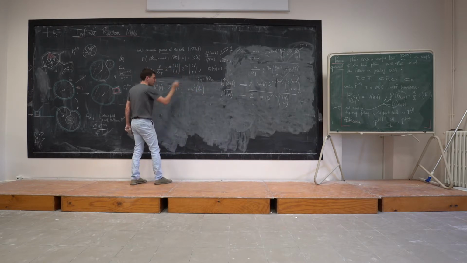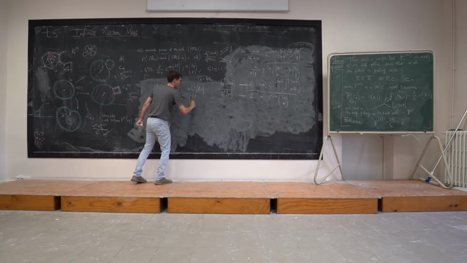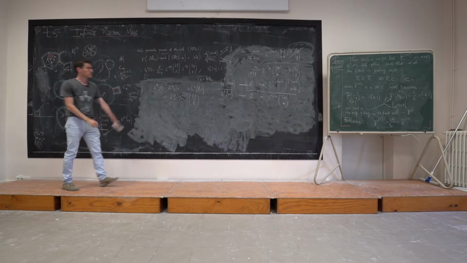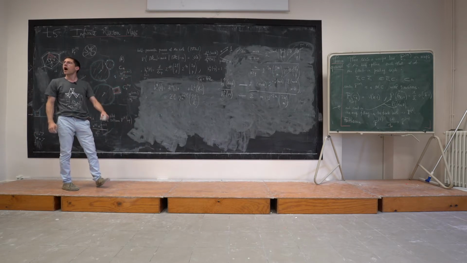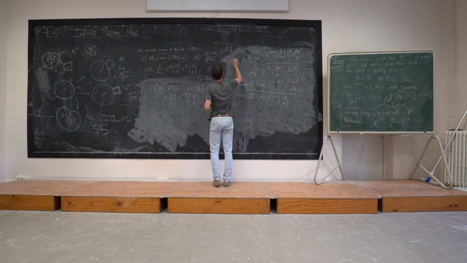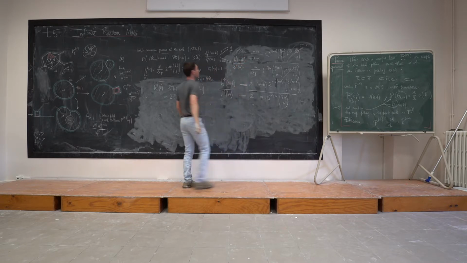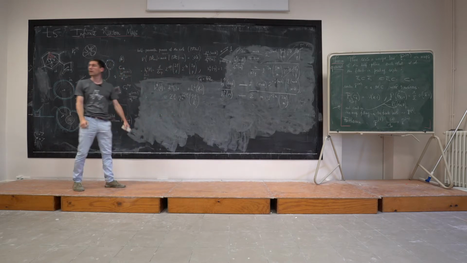And you can check, an easy calculation, that this is 2 to the minus 2L, 2L choose L. Exactly this. So if I let p go to infinity, this ratio of h transform is this h transform ratio.